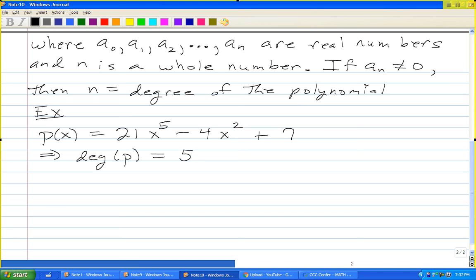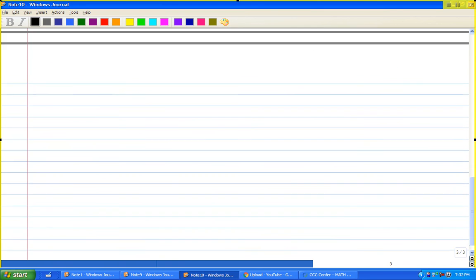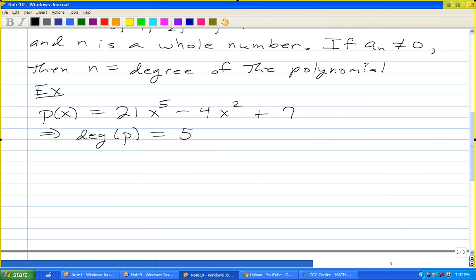Suppose instead of having just one variable, we have more than one variable. Well, let me just give you the definition of the degree of a term.